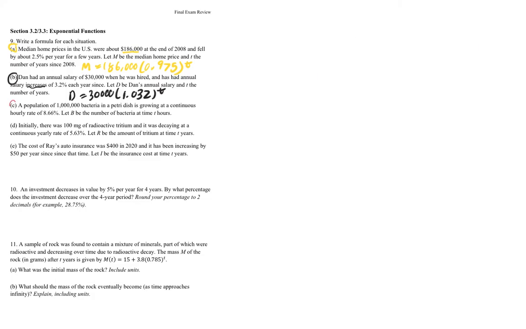Now looking at part C here, a population of 1 million bacteria in a petri dish is growing at a continuous hourly rate of 8.6%. Let B be the number of bacteria in time t hours. So we want to use our compounding continuously equation.